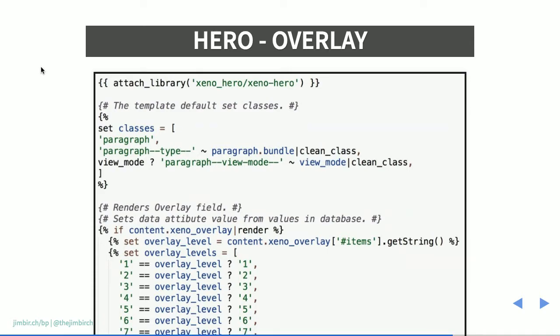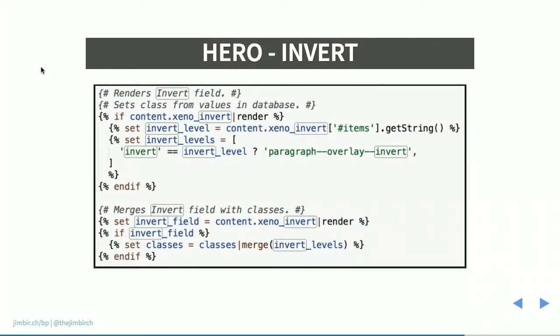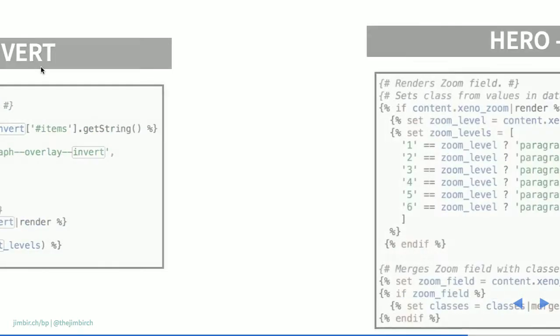Similar to the width classes we were talking about earlier, we set data attributes for the overlay level that the JavaScript can hook into. Same thing for the parallax speed. We added in the xenoparallax field, and then here we add the classes, and we merge them in.